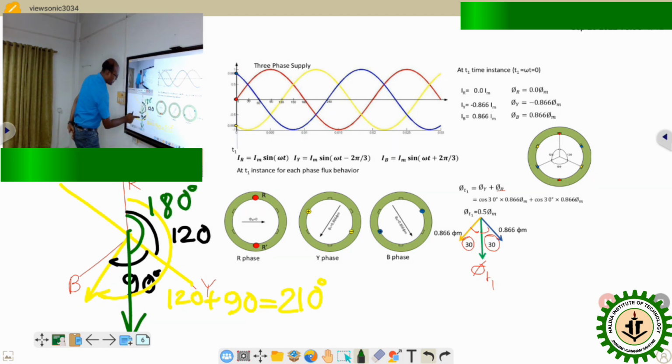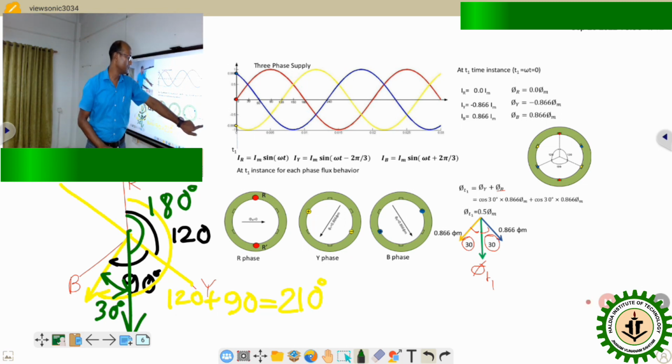So with respect to phi t1, the Y phase flux displacement is actually 30, so this 30 degree we will present over here. So the contribution of Y phase flux is cos 30 degree of this phi, this portion.